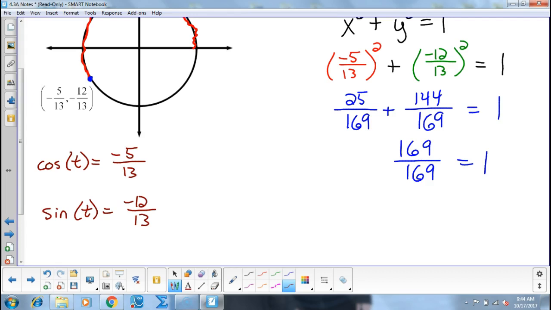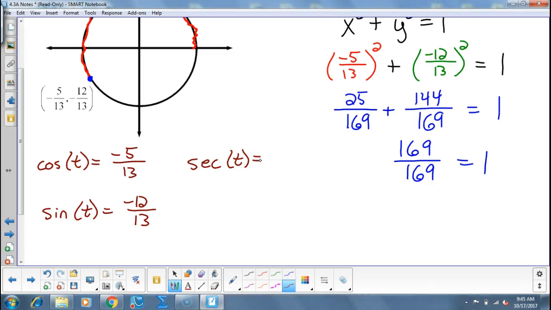Everything needs a co, right? So what's the one that goes along with cosine? Secant, because it only needs one co. So the secant of t is what? I like negative 13/5.